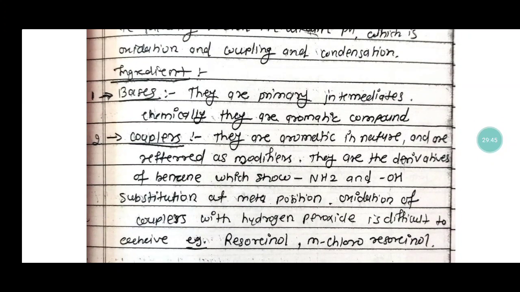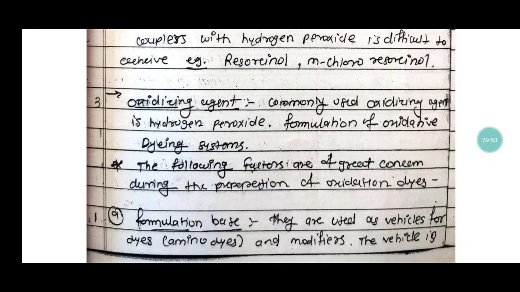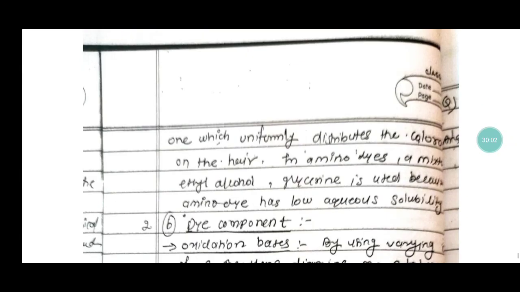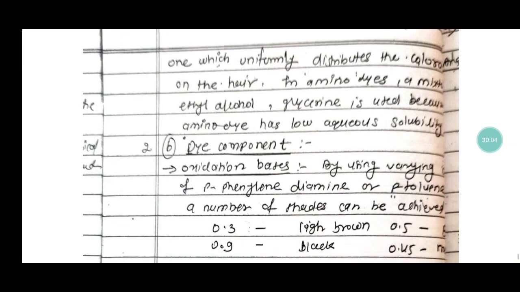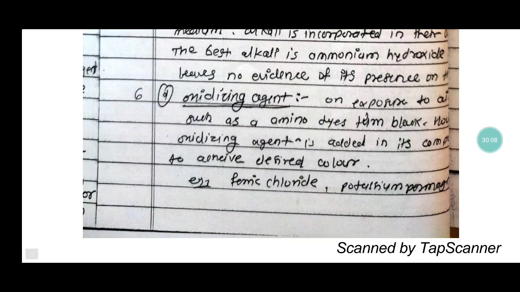The ingredients added in the PPD formulations are bases, couplers and oxidizing agents. These are the factors of great concern during the preparation of oxidation dyes: formulation base and dye component, coupling agent, alkali, oxidizing agents. So these are the agents used for the oxidizing dye.